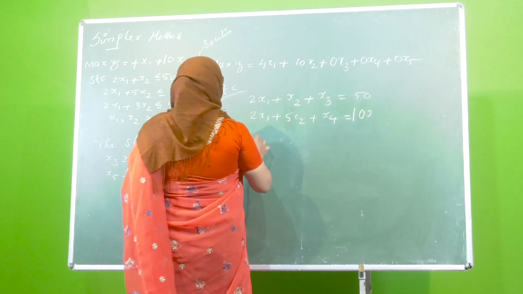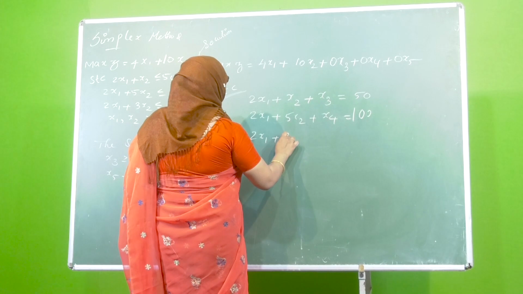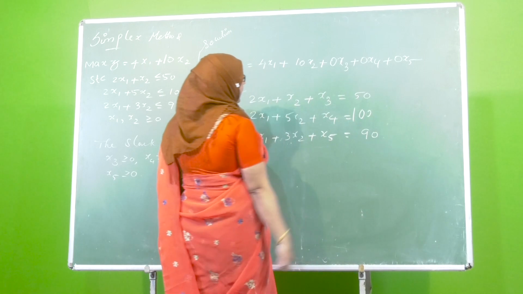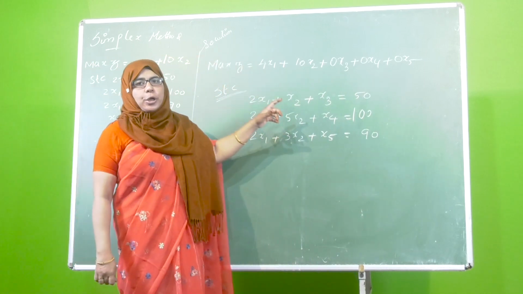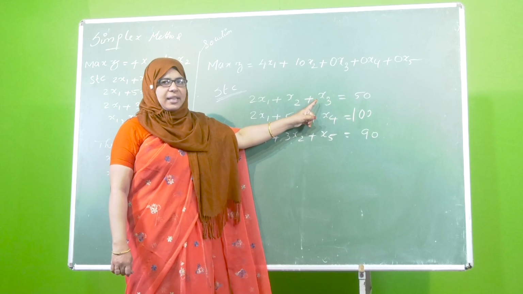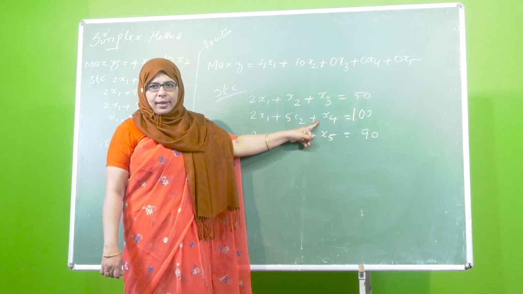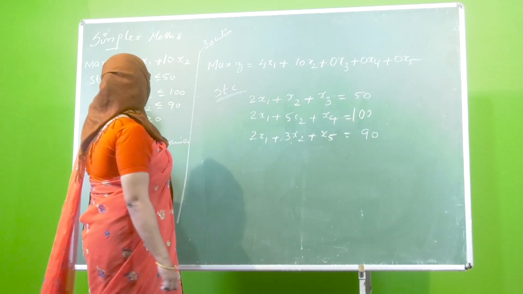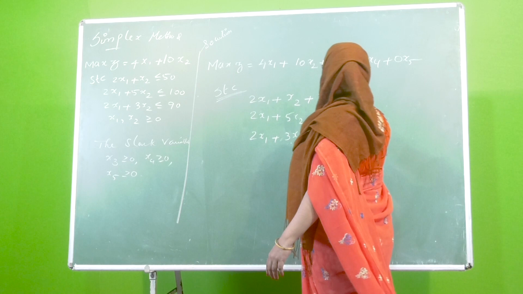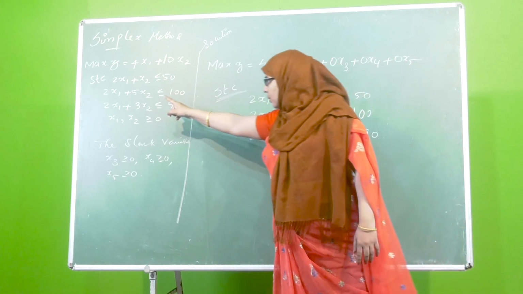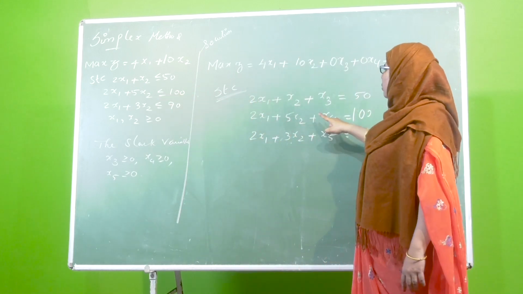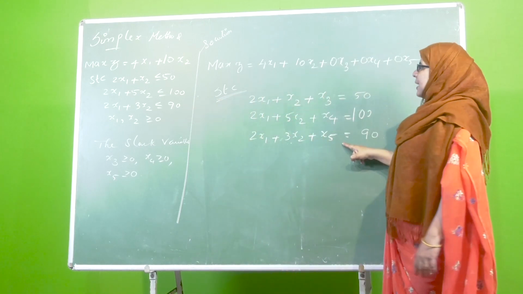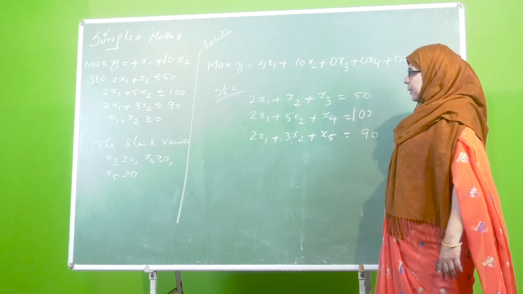The third inequality: 2x1 plus 3x2 plus x5 is equal to 90. So we introduce the slack variable x3 in the first inequality, x4 in the second and x5 in the third.